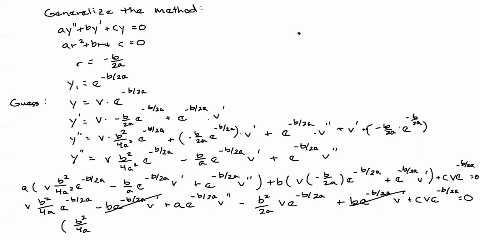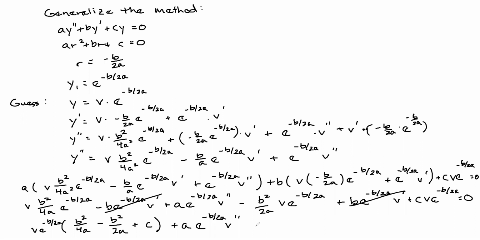So we're going to have v e to the negative b over 2a. And then we've got this guy first, and then what else has just v, this guy? So we're going to have minus b squared over 2a. That's the next one. And then plus c. All right. And then on top of that, we're going to have a e to the negative b over 2a v double prime.